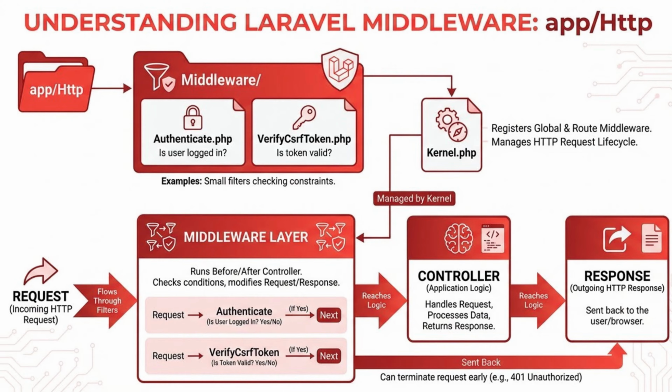The controller processes the request, interacts with models, performs necessary operations, and prepares the appropriate response. Once the controller finishes its work, the response travels back through the middleware layer again and then is finally returned to the user's browser. This entire cycle allows Laravel to enforce security, validate behavior, and maintain a clean request lifecycle.